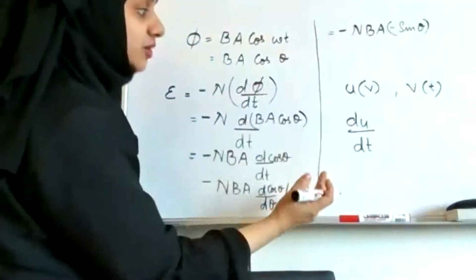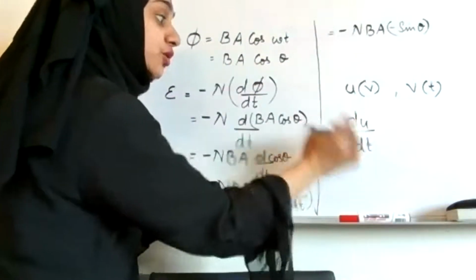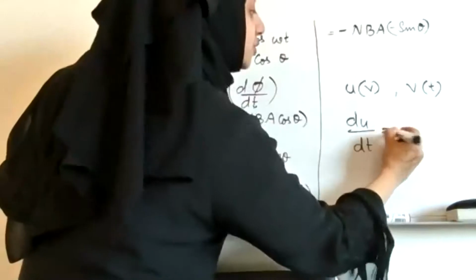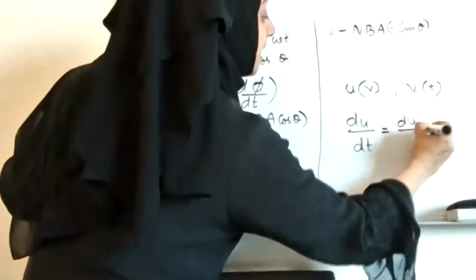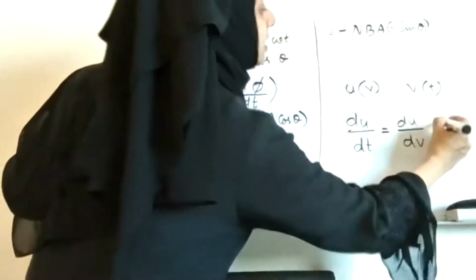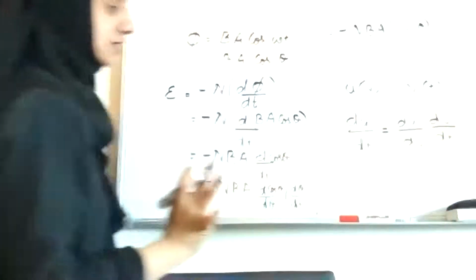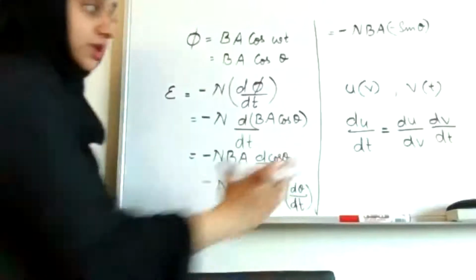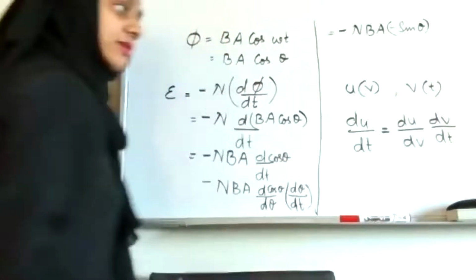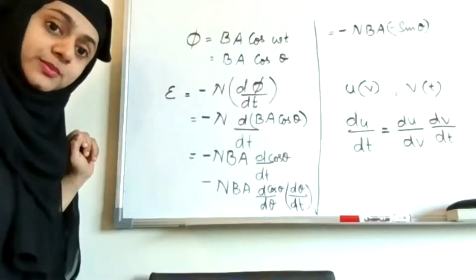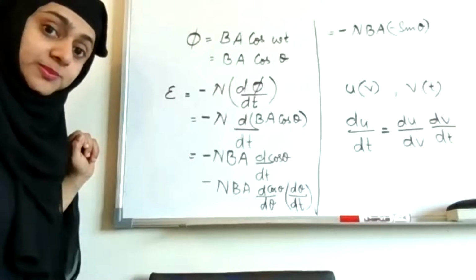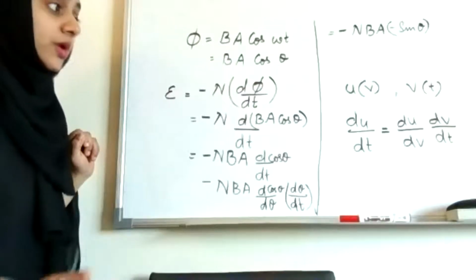Then you have the chain rule. If you want to find du by dt, you have to do du by dv, then dv by dt. See, they get cancelled. Have you learned this in math before? This is called chain rule. Yes, teacher, we learned.